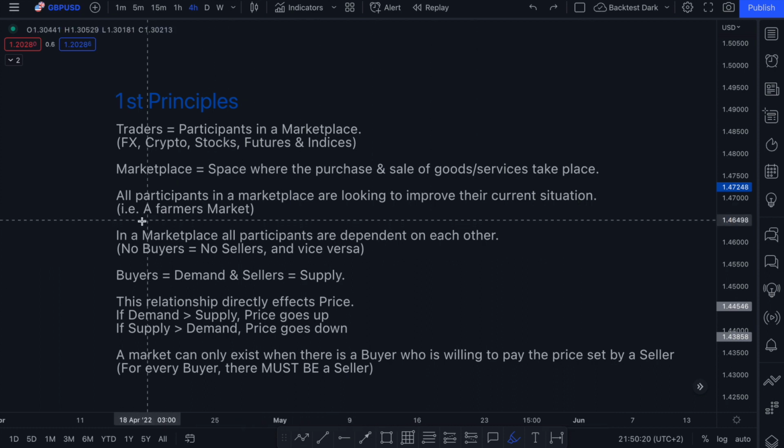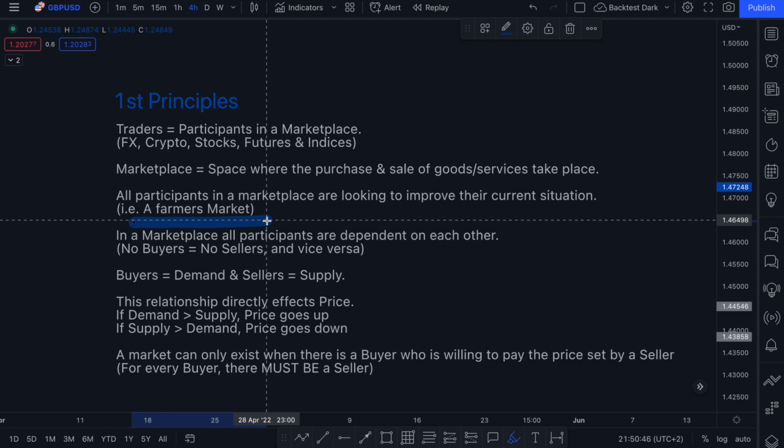Now, if you think about a farmer's market, just quickly listen to this analogy. You've got farmers, and then you've got you and I, the buyers. Your farmers are selling produce, vegetables, wheat, flour, and meat. And then the buyers go to the farmer's market to buy the produce.